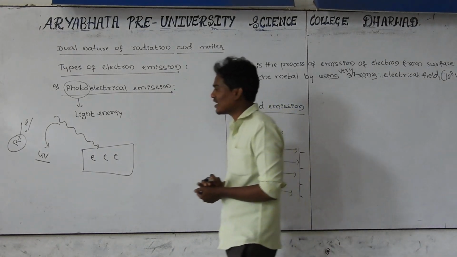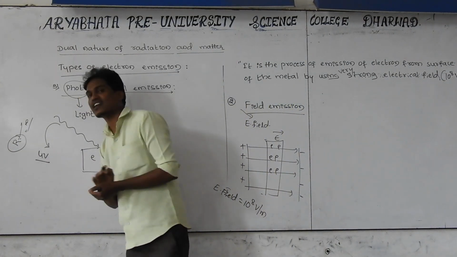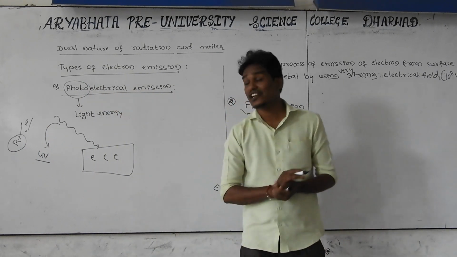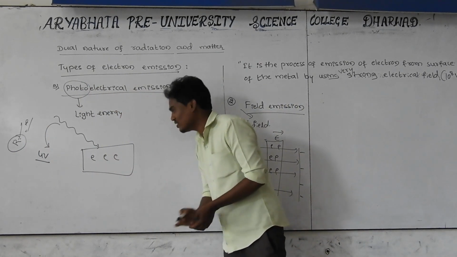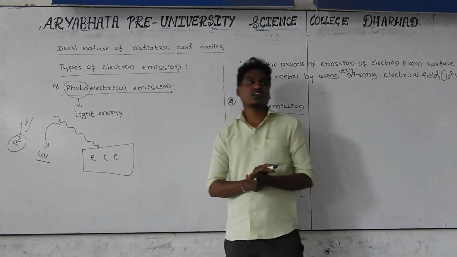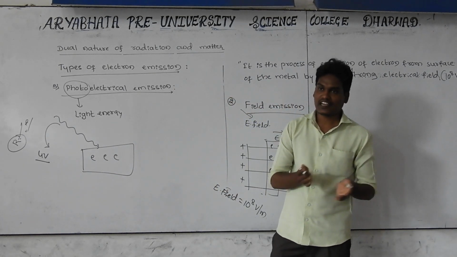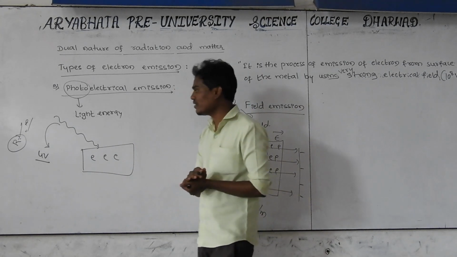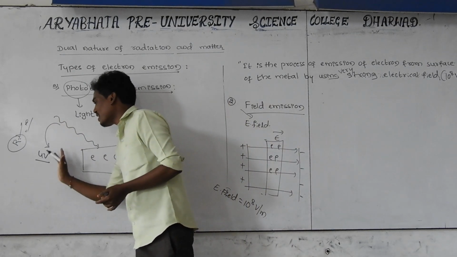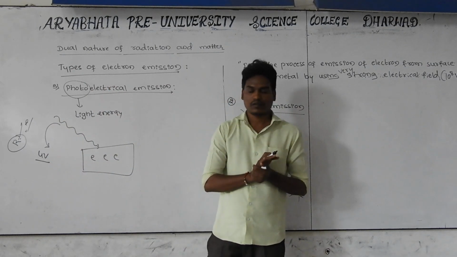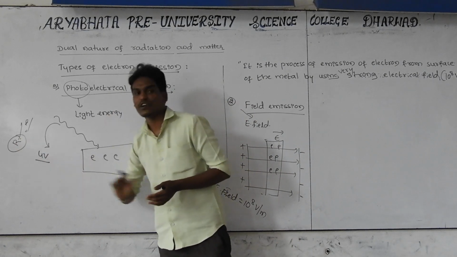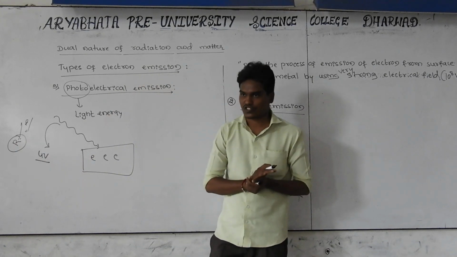If you use red light, it does not provide sufficient energy to the electron of the metal, so the electron is not ejected from the surface of the metal. That's why we indicate light energy having a suitable energy. The red light is not used because its frequency is very less.